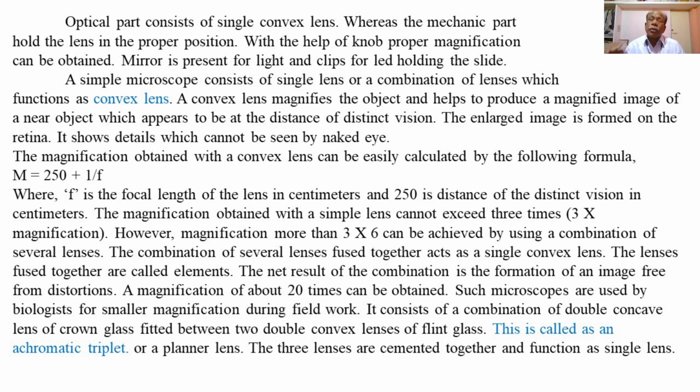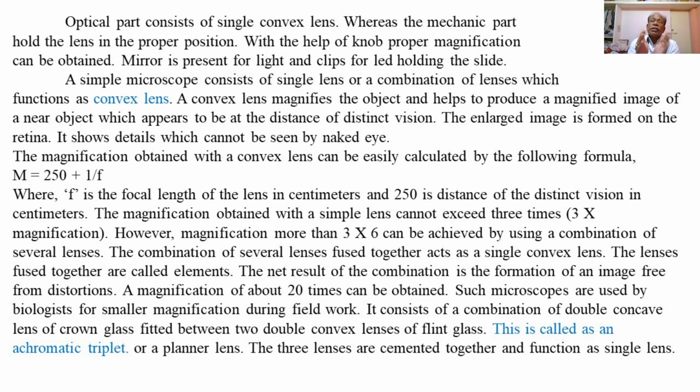It consists of a combination of a double concave lens of crown glass fitted between two double convex lenses of flint glass. This is called an achromatic triplet.